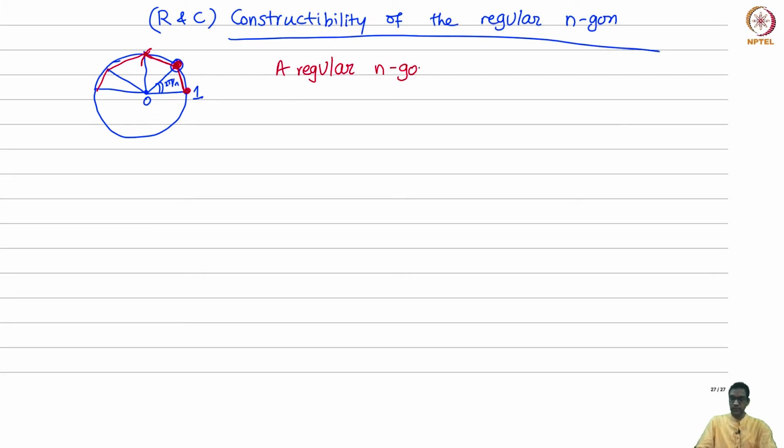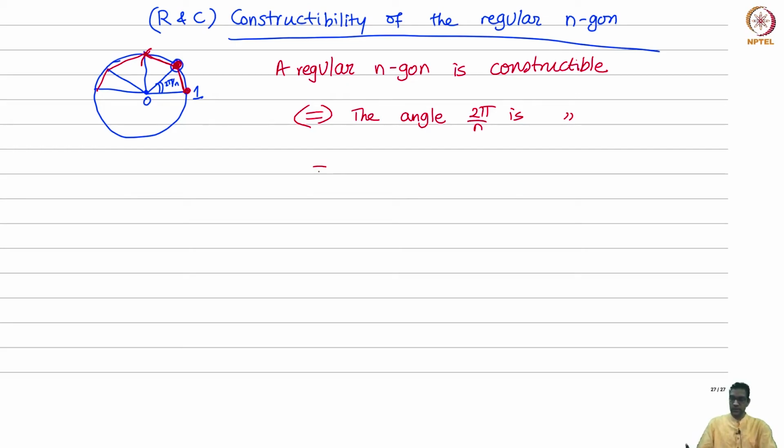Okay, so the first observation is that a regular n-gon is constructible if and only if the angle 2 pi by n is constructible. Okay, you can construct that angle somehow using ruler and compass.